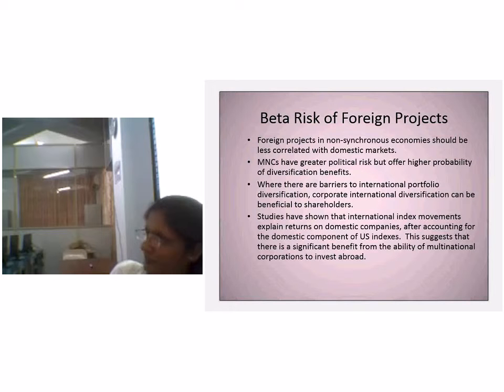They might have barriers. Studies have shown that international index movements explain return on domestic companies after accounting for the domestic components of US indexes. This suggests that there is a significant benefit from the ability of multinational corporations to invest abroad. It is shown by the researchers that if you can go for multinational business, right, they can enjoy a lot of benefits by diversifying your businesses in different nations, right?